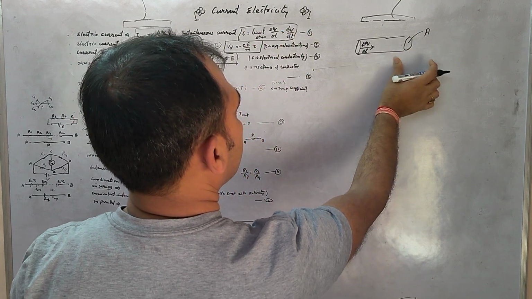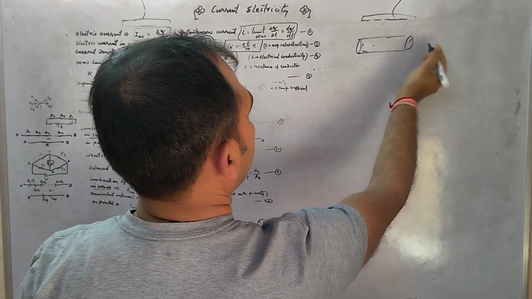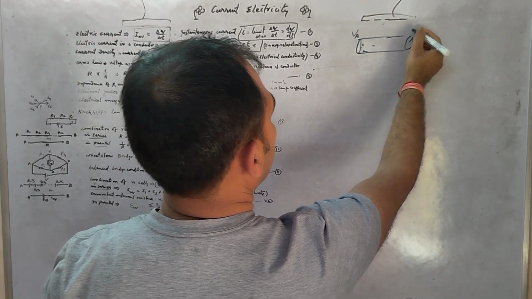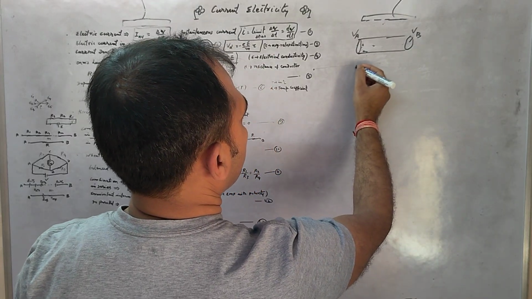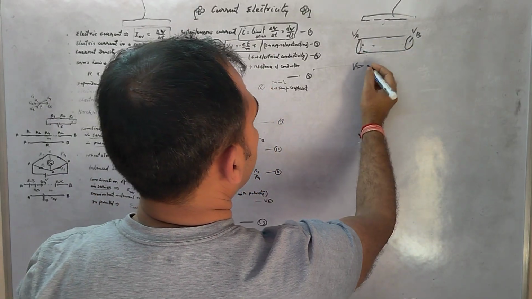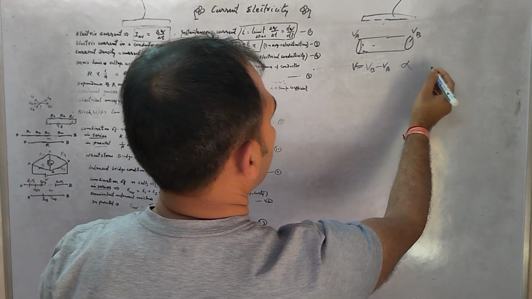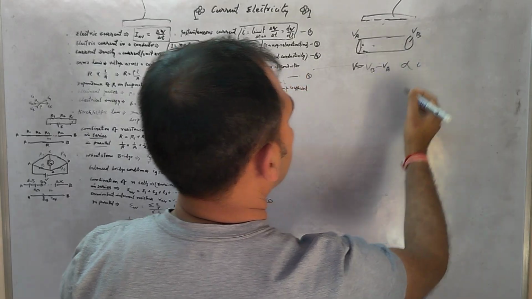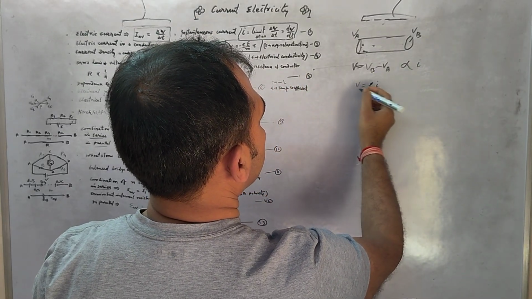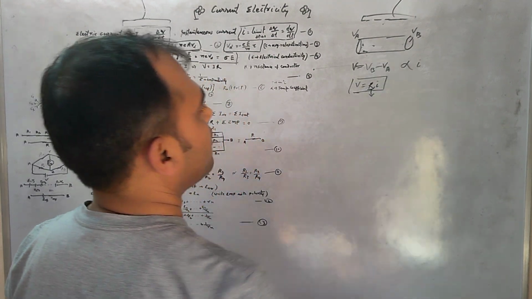So if this is a conductor, then, let's say this is VA and this is VB, voltage across this conductor will be VB minus VA, delta V, is directly proportional to current flowing through it. That will be IR, where R is the resistance of that conductor.